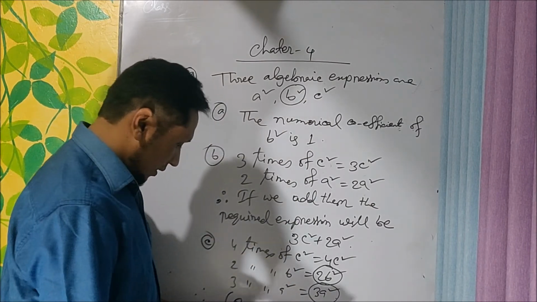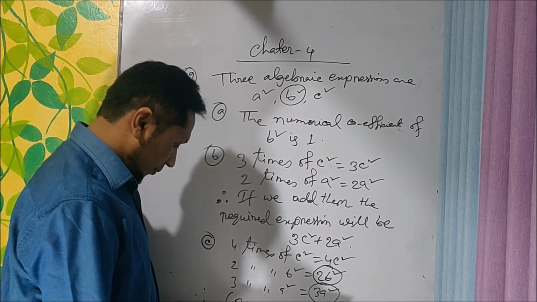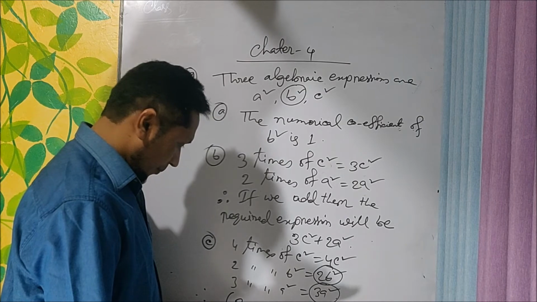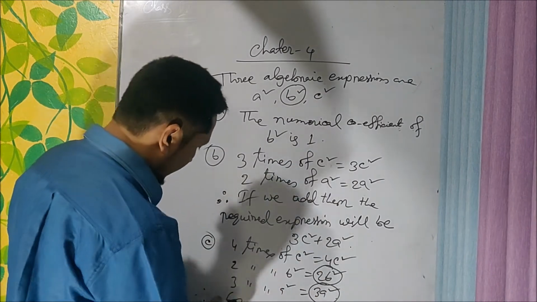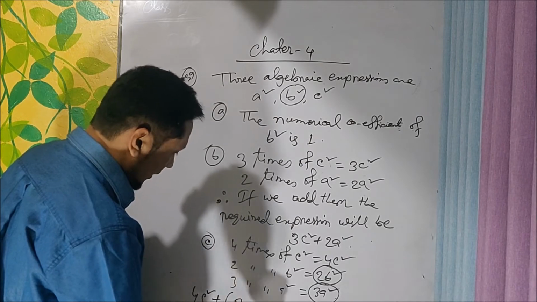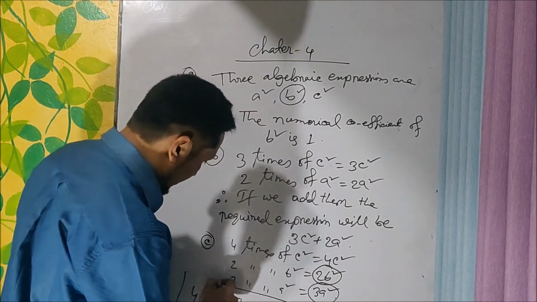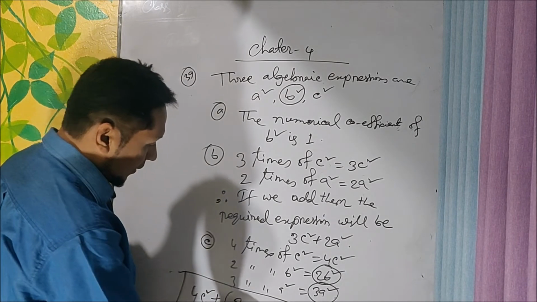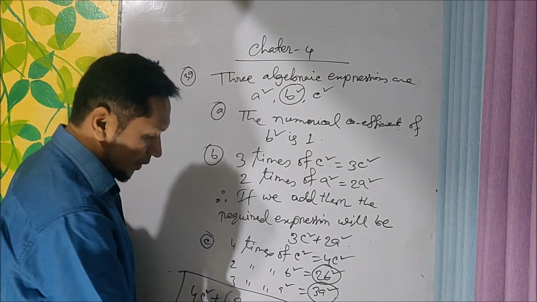The question says we have to add 4 times of c square with that expression.